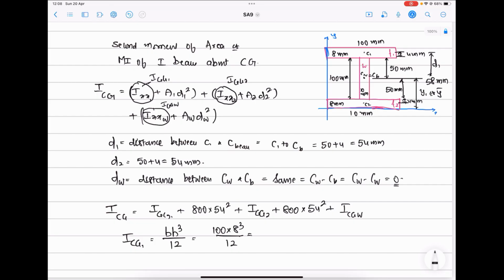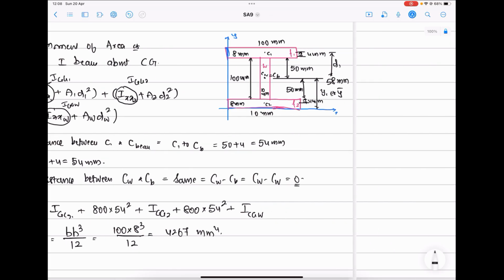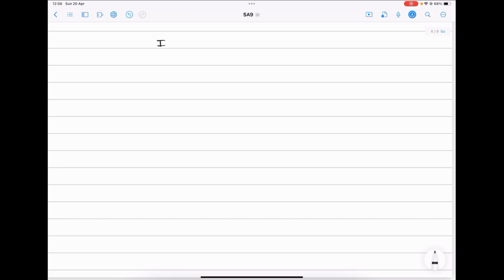That value is 4267 mm to the power of 4. Next, ICG2 is BH cube by 12, breadth is 100, height is 8, same as the previous one, 4267 mm to the power of 4.